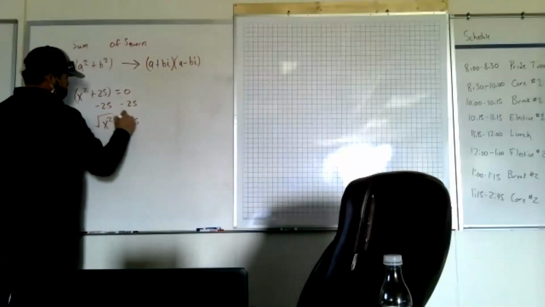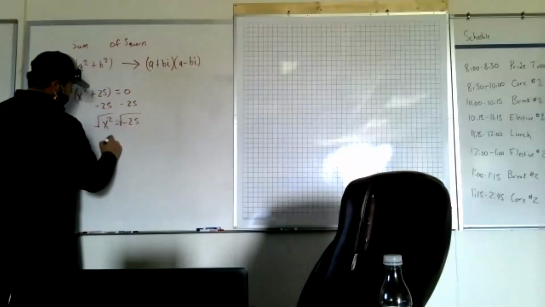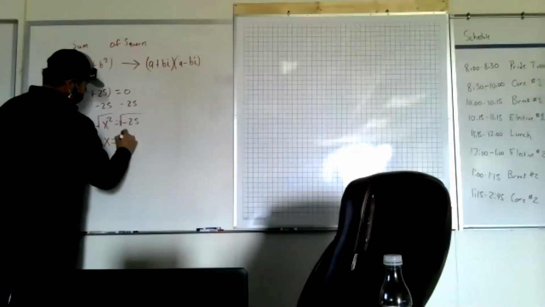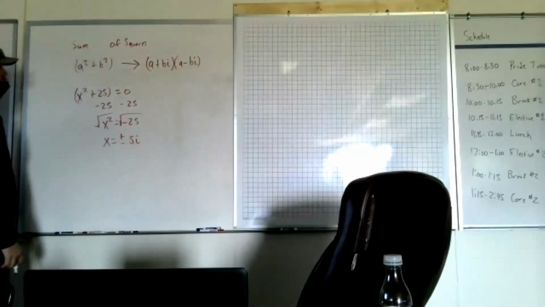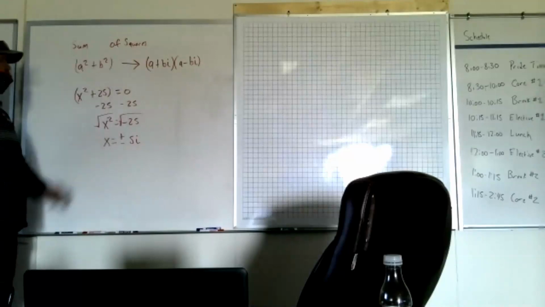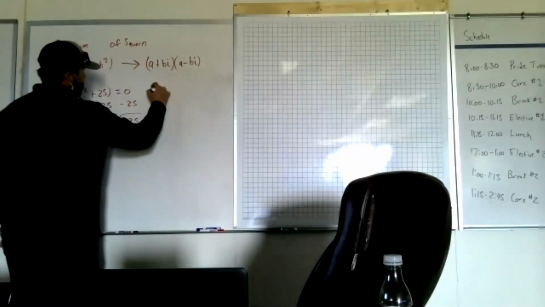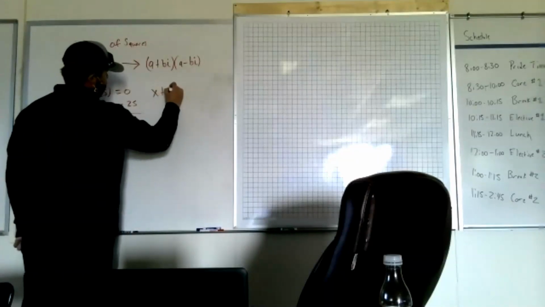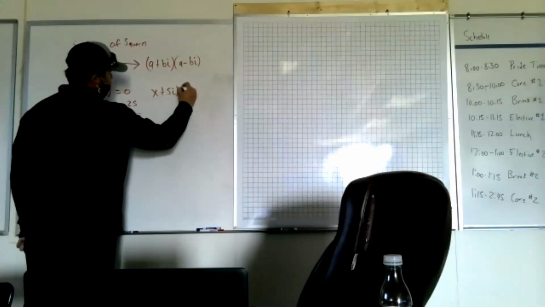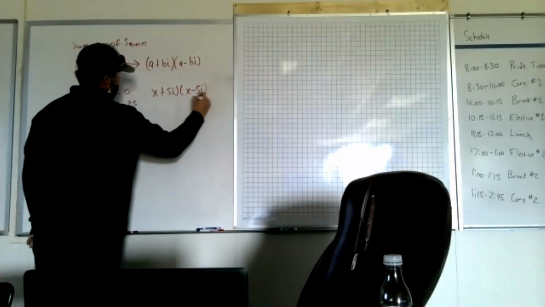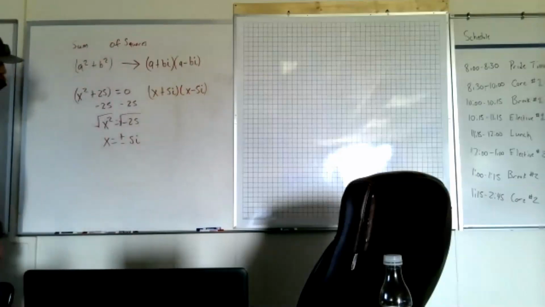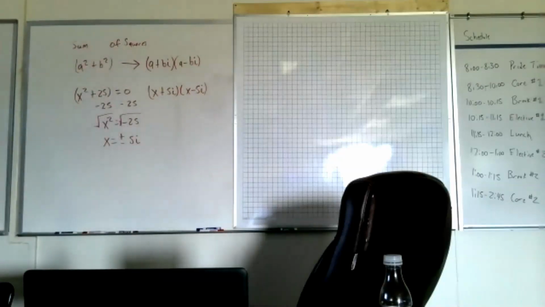Then we take the square root like we did last week, and we're left with x is equal to plus or minus 5i. Right? So the factored form of this is x plus 5i and x minus 5i. Okay, that's the sum of squares.